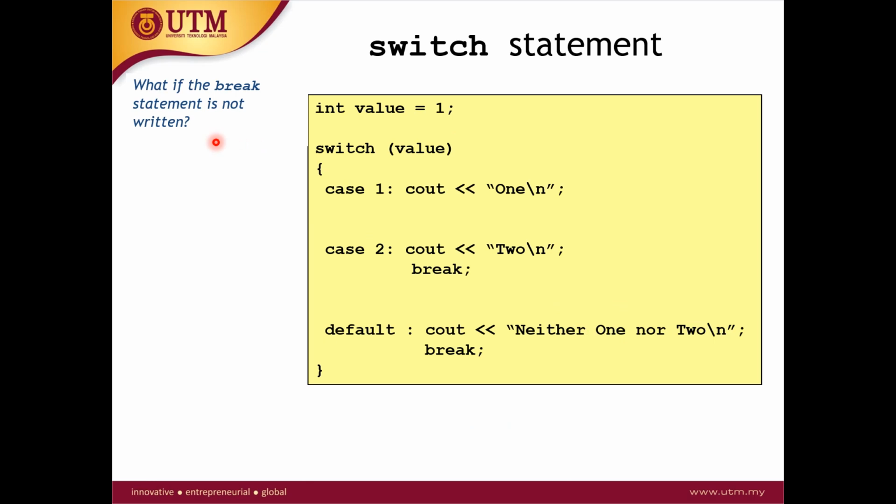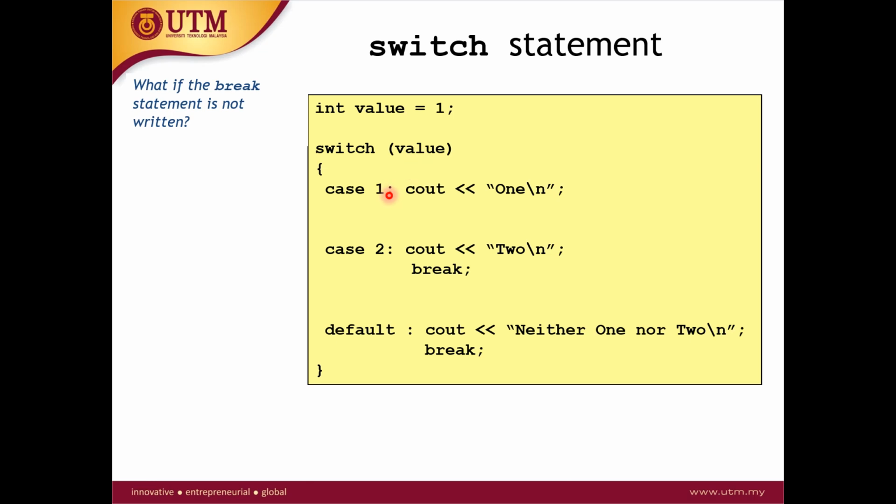So what happens if the break statement is not written? For example, if we've got an integer value equals 1 as the switch value, and we say case 1 cout 1, or anything you want to write, and then case 2 cout 2, and then break, and default is going to print this expression. So for example, the value is 1. It comes to this point and evaluates this value.